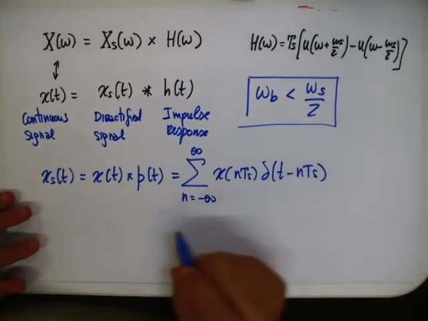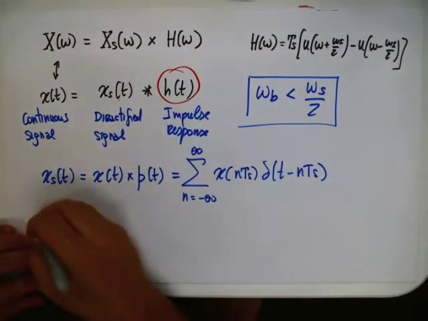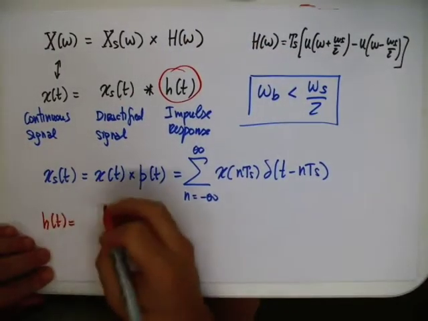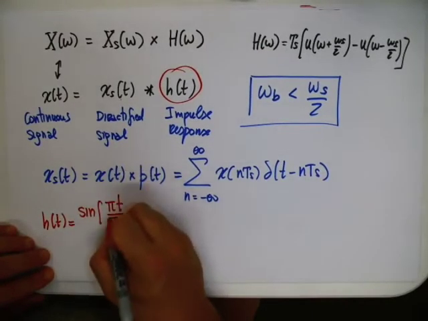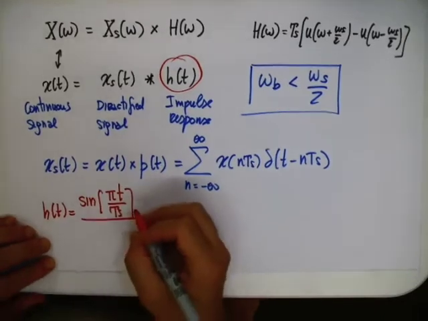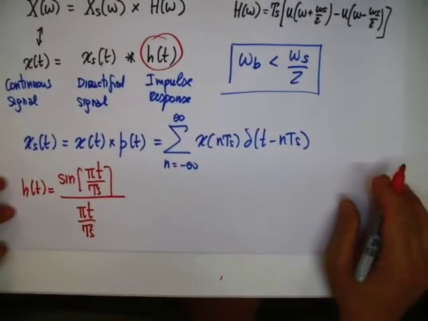But now we know what h of t is, because we know that h of t is equal to sine of pi t over ts divided by pi t over ts.